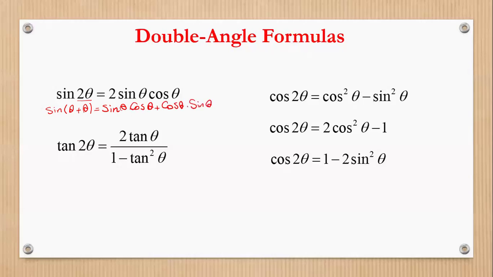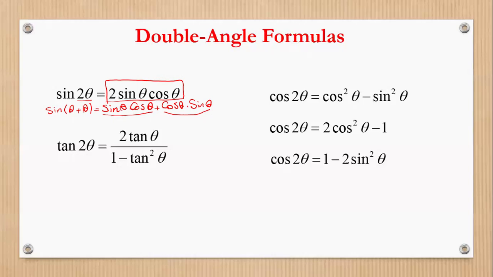As you see, we have one sine times cosine, another sine times cosine, and if we add them together, we will end up with 2 sine times cosine. So all of these formulas can be found by using the other identities.